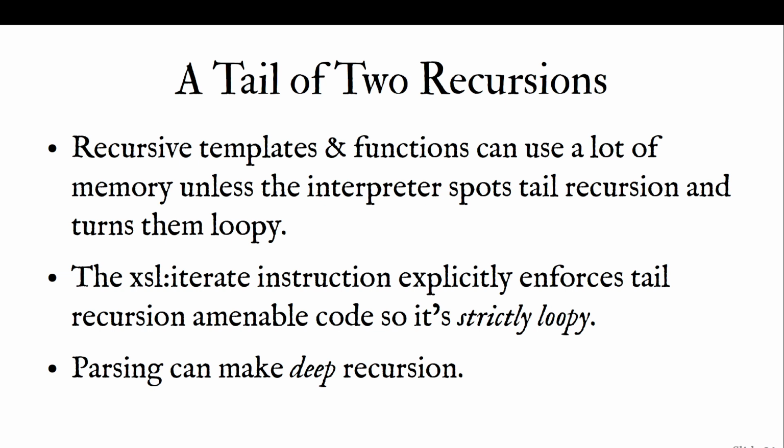It's not really named properly, but what it does is it enforces tail recursion. So it enforces you to put calls to itself back in such a way that I call it strictly loopy. The implementation will turn it into a loop rather than recursion, and it won't use large amounts of memory and it'll go quickly. That's important because parsing can make really deep recursion.